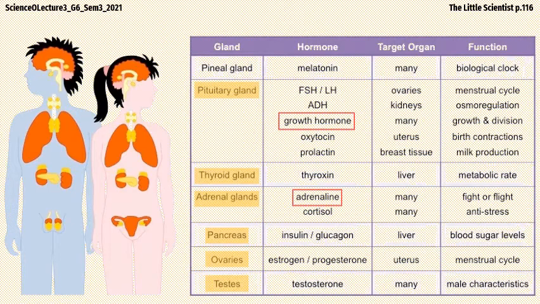They release adrenaline in the blood. The pancreas secretes the insulin that controls the level of the sugar in the blood. And last, we have the female and male sexual glands, the ovaries and the testicles, that release different hormones such as estrogen, progesterone, and testosterone.